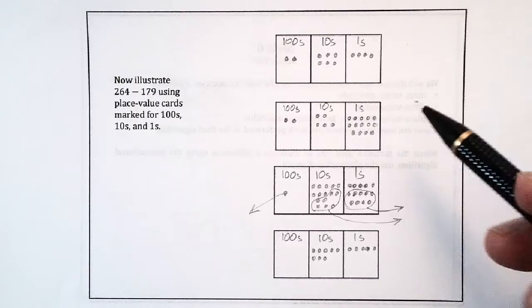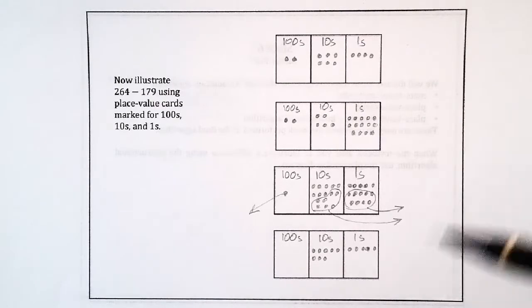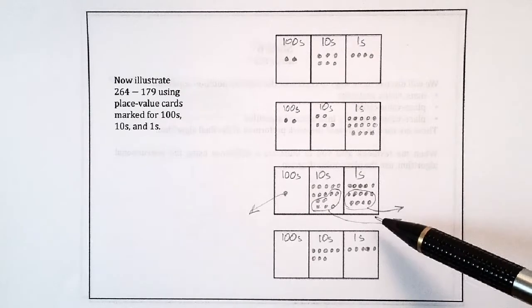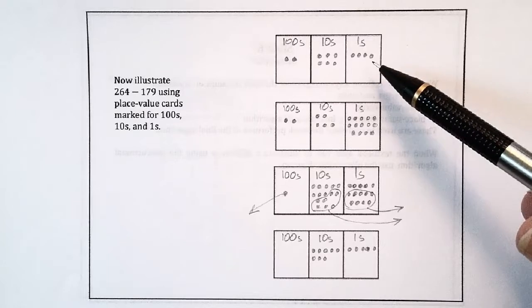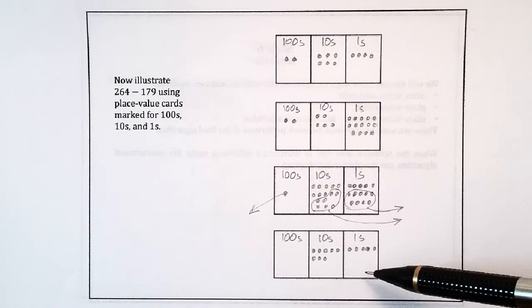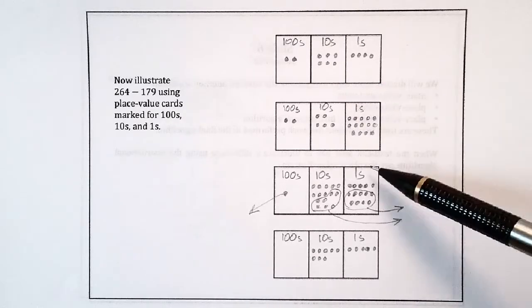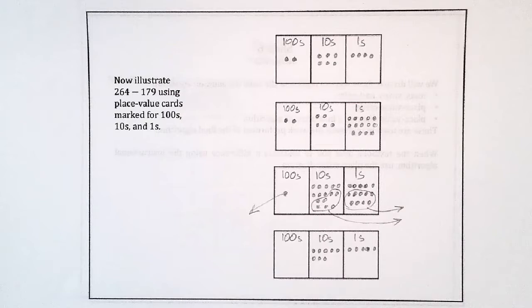Now, for this method, when you illustrate it, as for the last one, what's really important is to make sure that you show the intermediate steps. You can't just draw the first number and the answer. You need at least 2 steps in here because there are 2 exchanges.